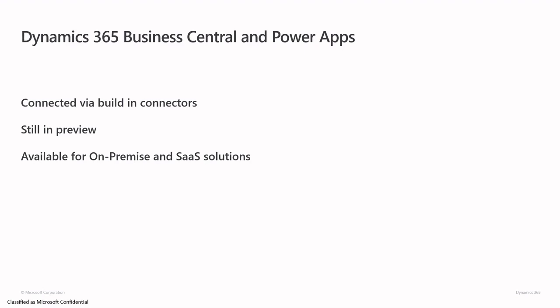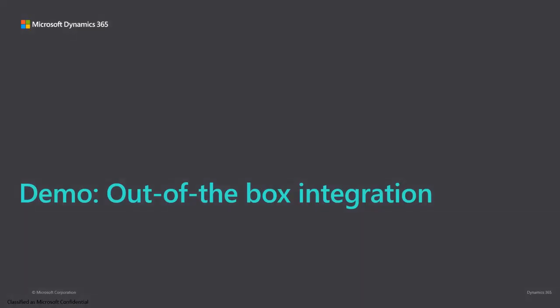So to not speak too much about this, I suggest that we go to our first demo, which is the out-of-the-box integration between Dynamics 365 Business Central and Power Apps. Okay.